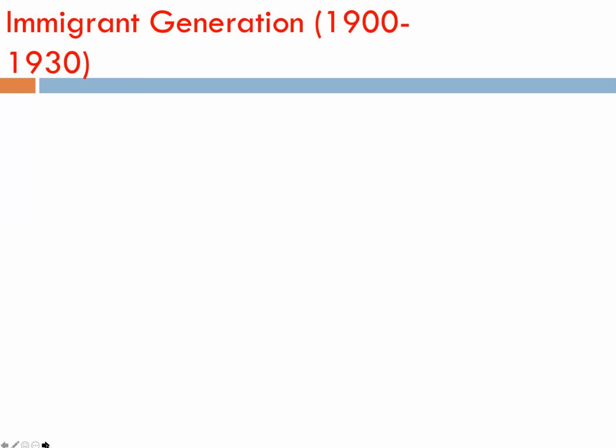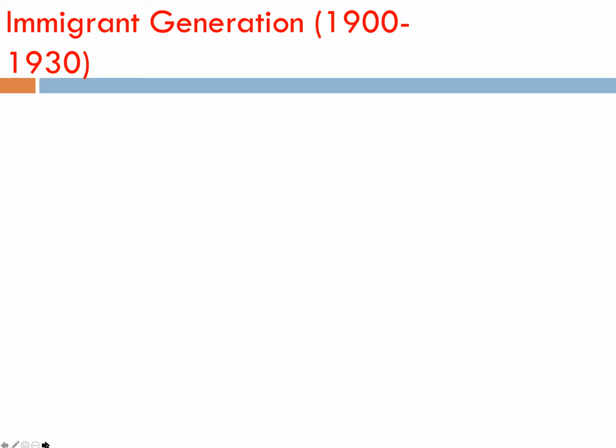So let me begin by addressing the generation before the article. Before what the article talks about. Now, this is what historians, at least Mexican American historians, have defined as the immigrant generation. From the previous lectures, I've talked about how immigrants are coming to the United States in large numbers from Italy and Eastern Europe, but they're also coming from Mexico.